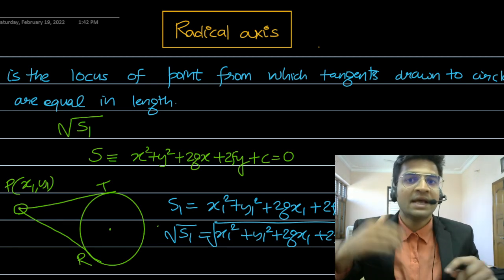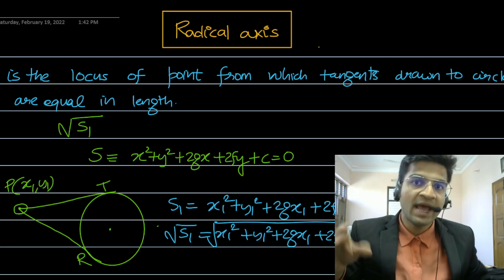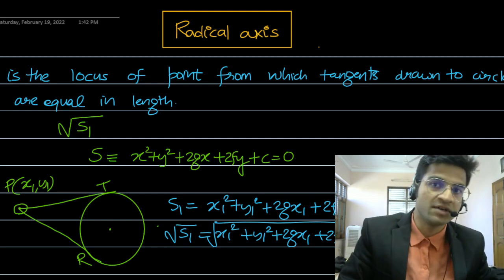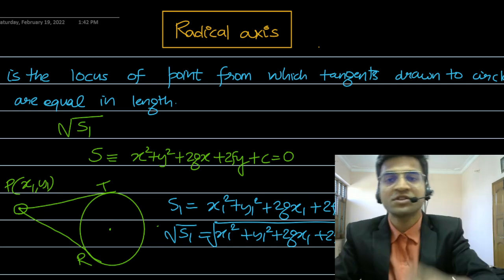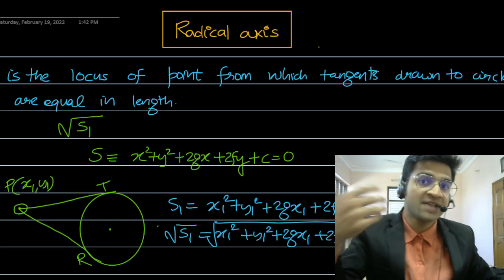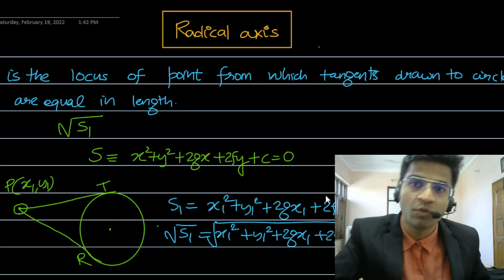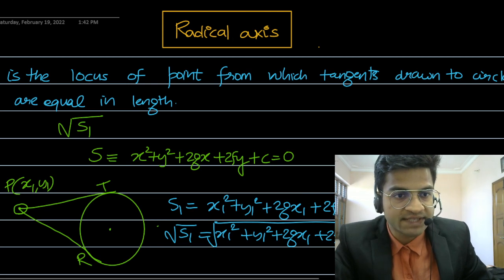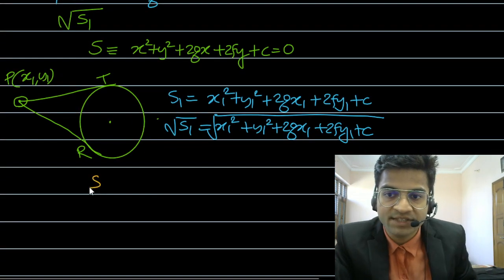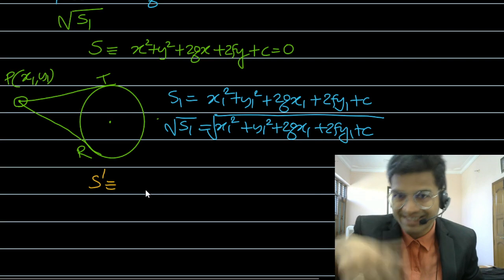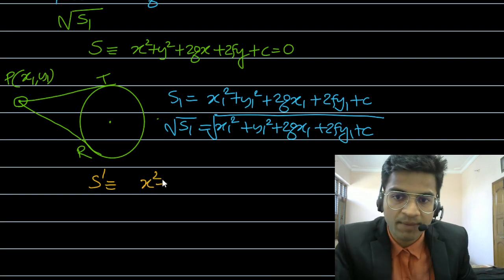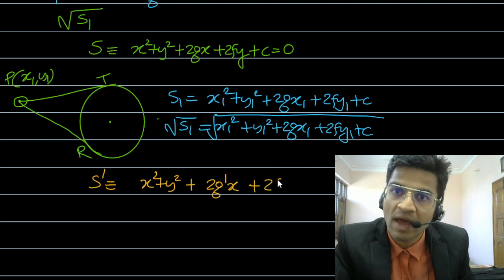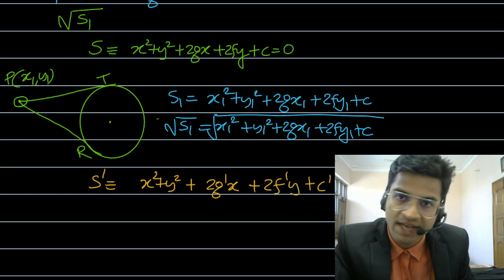Now there is a point, and the point is the same. The point is (x1, y1) only, but we have two different circles. The first circle is S is equal to 0. Let us say another circle is S dash is equal to 0, and S dash has the equation x square plus y square plus 2g dash x plus 2f dash y plus c dash is equal to 0.